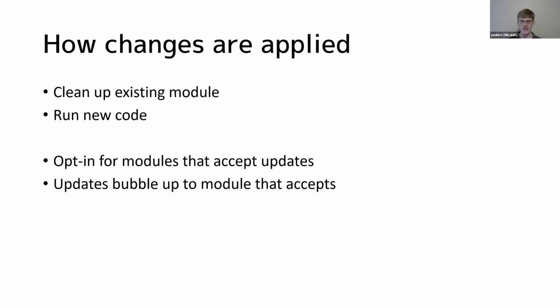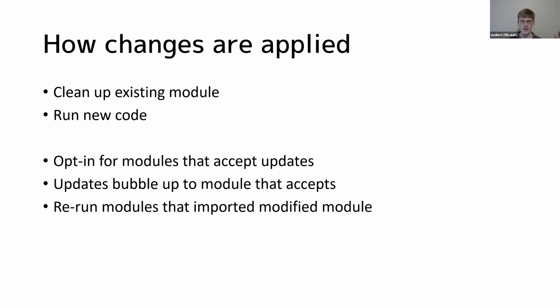And if they don't, we look at the modules that import those. And so on until all paths end at modules that either do accept updates, or we realize we cannot apply this update with HMR. We then take the modules that accept updates and the ones that were modified and others in between them, and we clean them all up and we run them. This way they use the new exports from the modified modules.